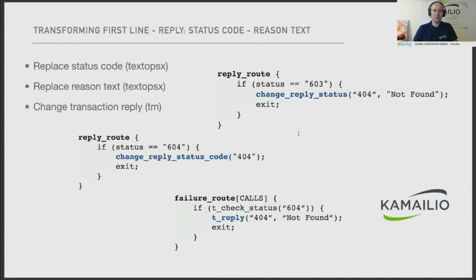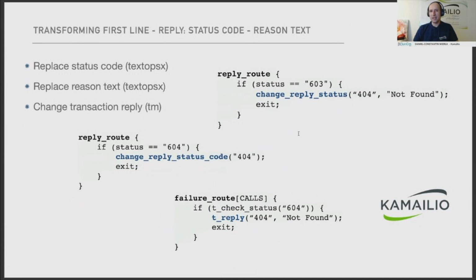If you need to do it stateless, so just change it and don't change the state of the transaction, you can use the function from the textops_x module, change_reply_status, and this you can do with 2 parameters, the code and the text, like the example here with 404 not found on the upper right corner. Or sometimes you want to change only the status code, leaving whatever reason text is there. We have the change_reply_status_code function for it.